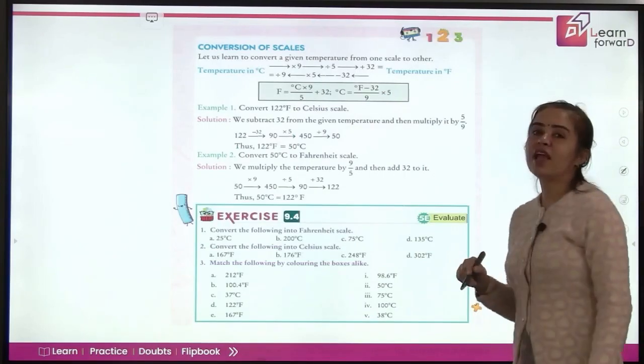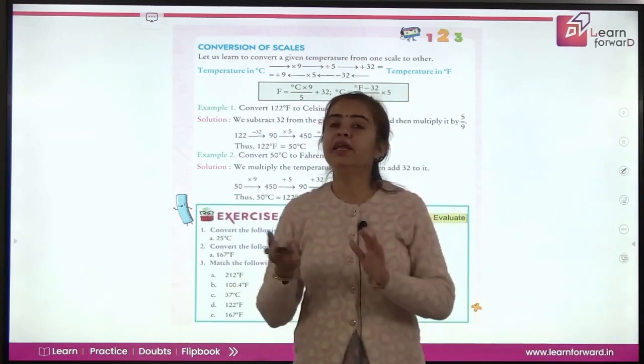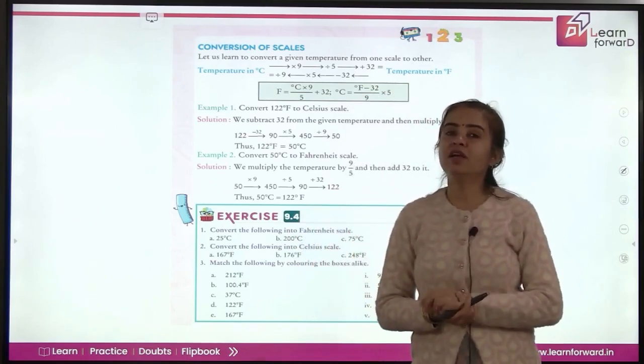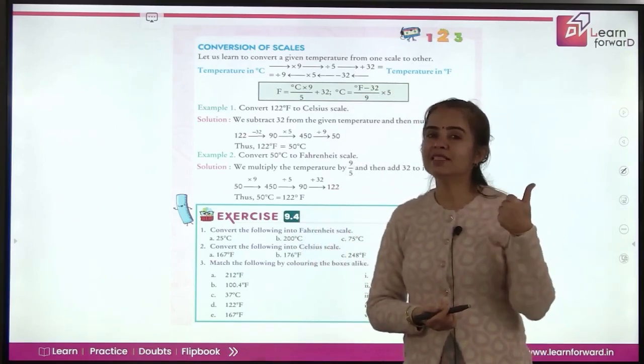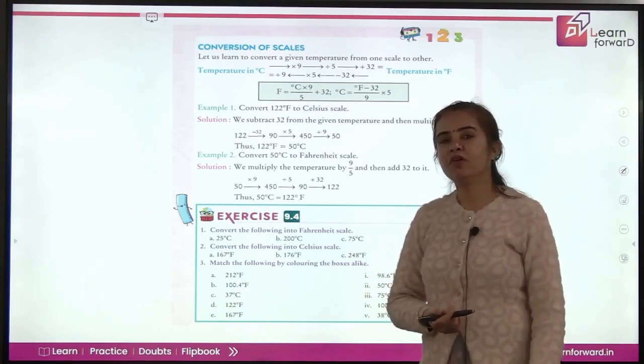Moving ahead, we have conversion of scales. Just like we have conversion in units, in temperature also we have conversion of scales. So we have learnt about two scales, the Celsius and the Fahrenheit. How do we convert? We have a formula for that also.